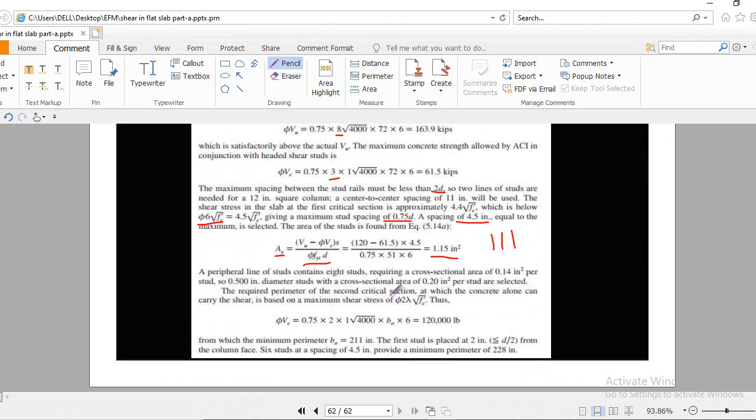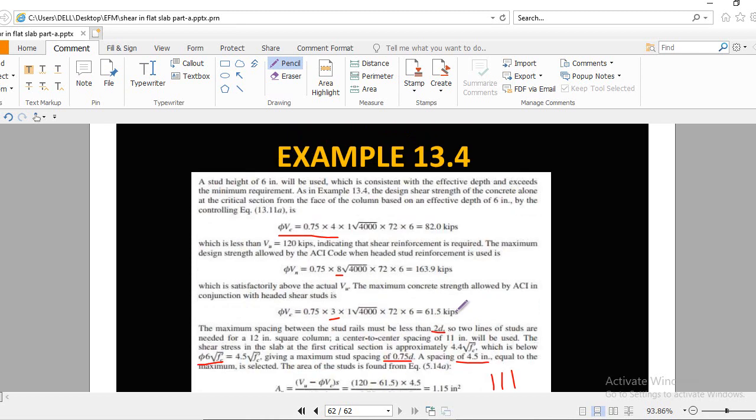The next thing, we just need to find out the phi Vc. What will be the design strength of the section, and we need to find out b naught. So how to find out b naught? We have to compare this phi Vc with Vu, and Vu is basically this one, 120 kip, which we already determined.